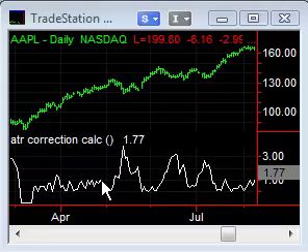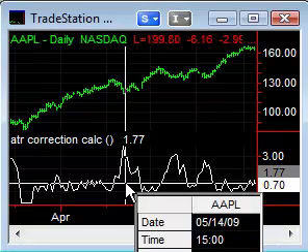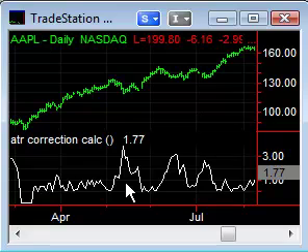And that's what this special indicator is. So from the very highest high here to the low right there, that move is a correction of about 2.87 average true range. So this correction was slightly less than 3 average true range, average trading range of Apple.